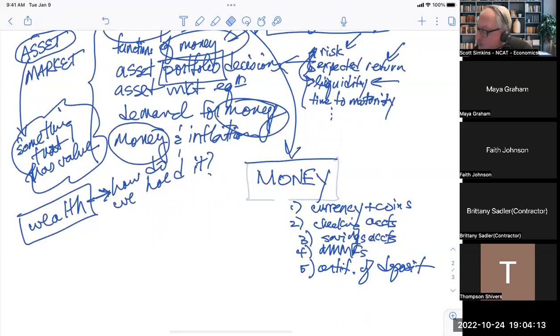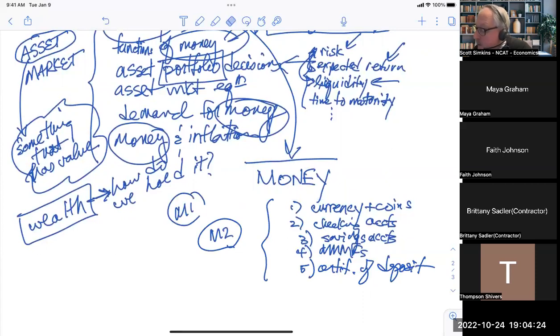These are all parts of what? M2. We have M2, and we have M1 too. M1 is primarily currency and checking accounts, also traveler's checks. M2 includes M1 plus these other things.